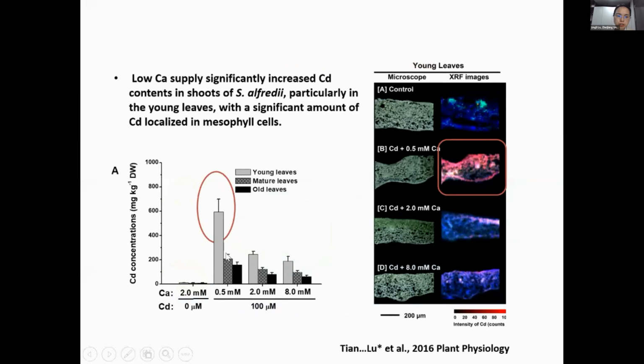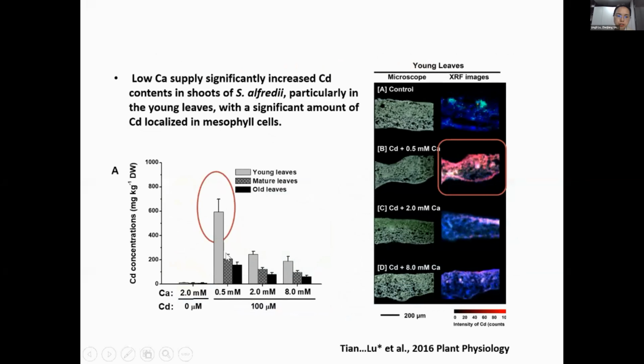And the next question we want to ask is whether, under normal calcium conditions, the cadmium can remobilize within the hyperaccumulator plants. So we did this work. First, we treated the plants with cadmium, and then we moved them to a solution without cadmium.